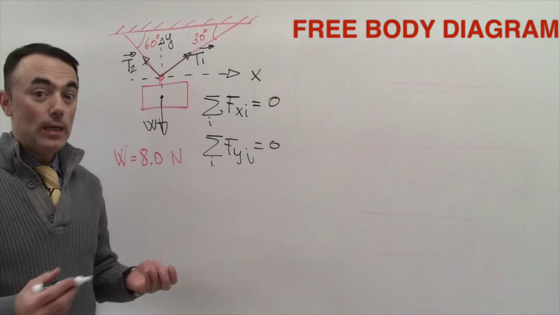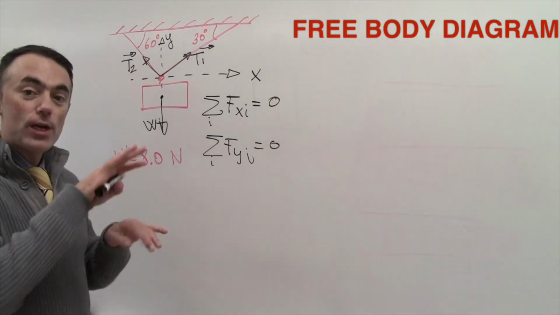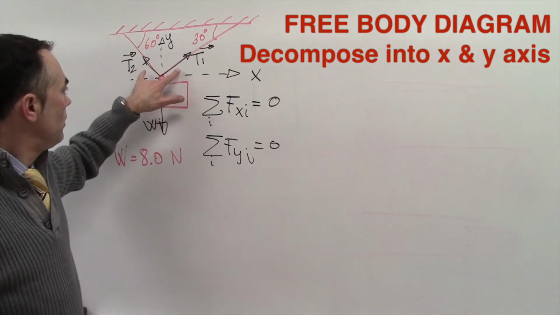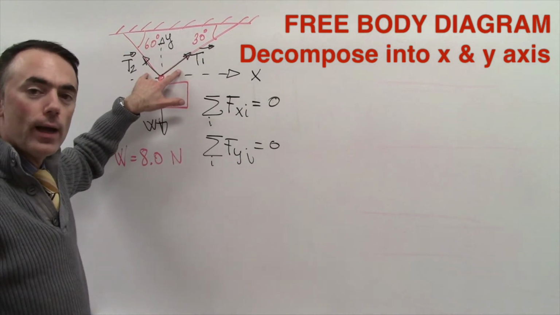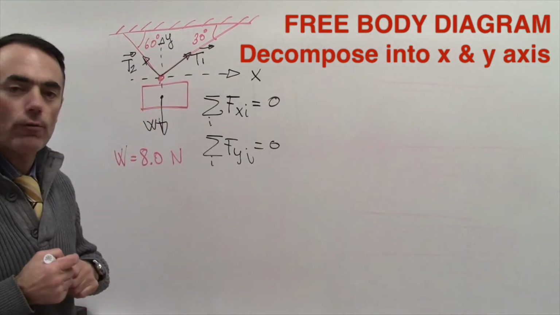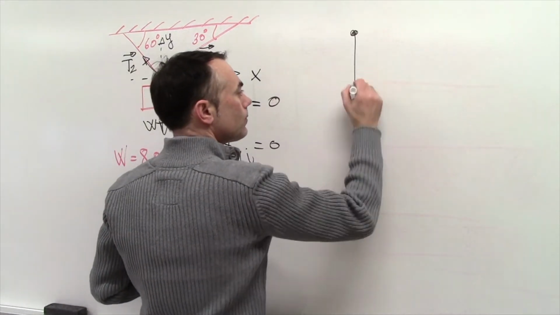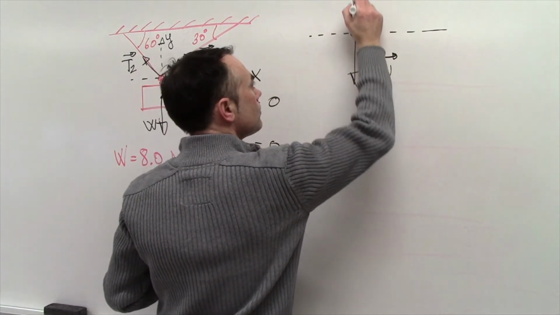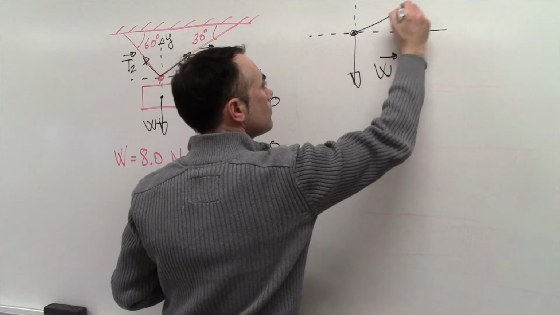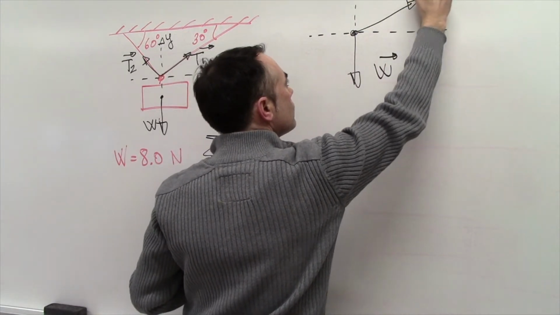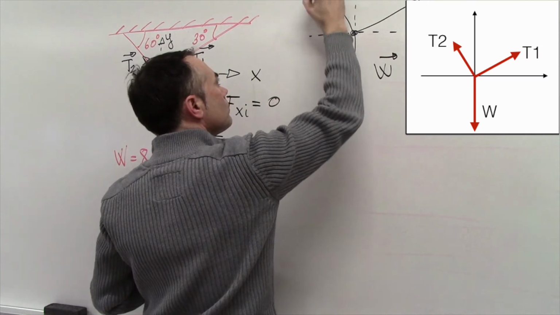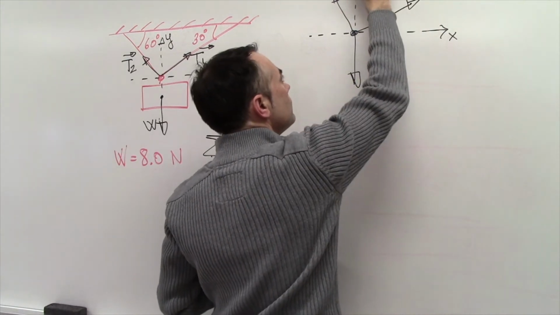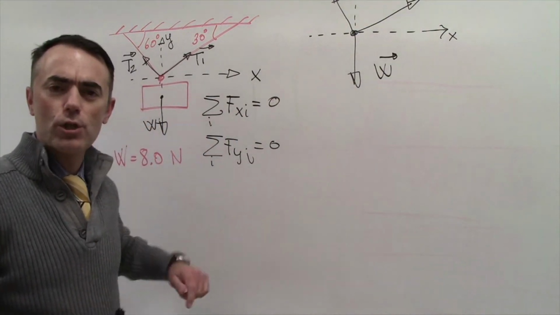So we have 3 forces, and the sum of these 3 forces has to be equal to 0. So what I suggest to do is to project all the forces into the x-axis and the y-axis. This weight is already in the y-axis, but these two have components in the x-axis and in the y-axis. Let me redraw it here just for the sake of clarity. And let's pay attention to these angles.